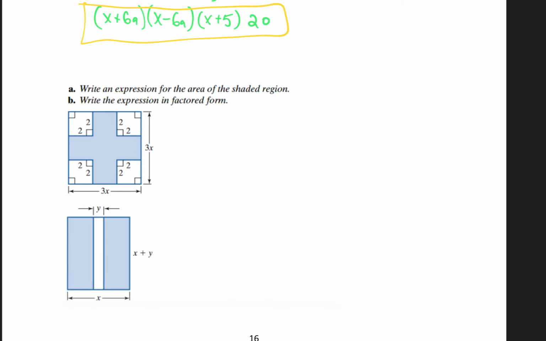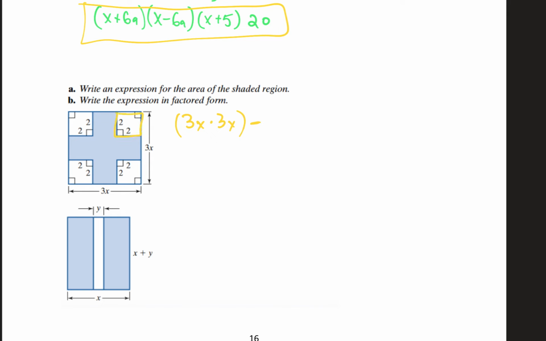All right, here it wants me to do 2 things. It wants me to write an expression for the area of the shaded region, and then it wants me to factor that out. So to find the area of the shaded region, I'm going to first find the area of everything. Then I'm going to subtract out the 4 white spots. So first, to find the area of everything, I'm going to do 3x times 3x. And then I'm going to subtract those white spots.